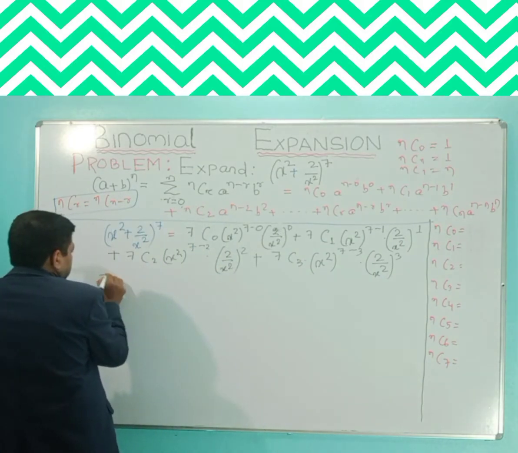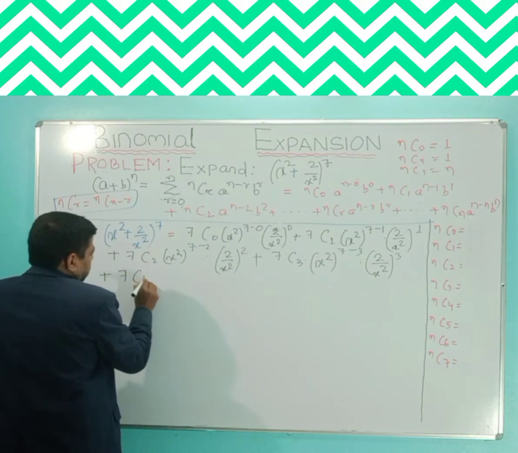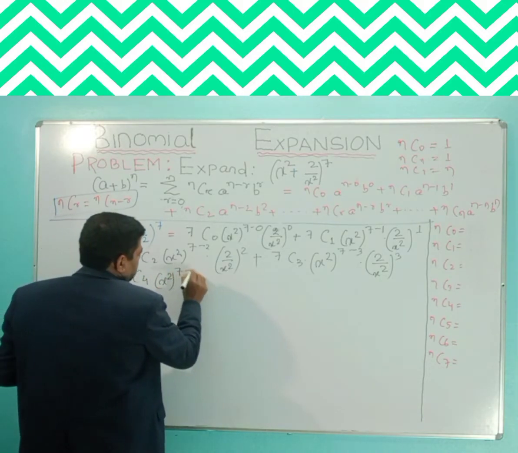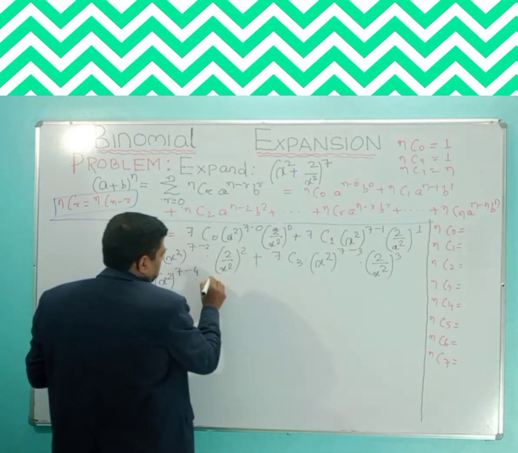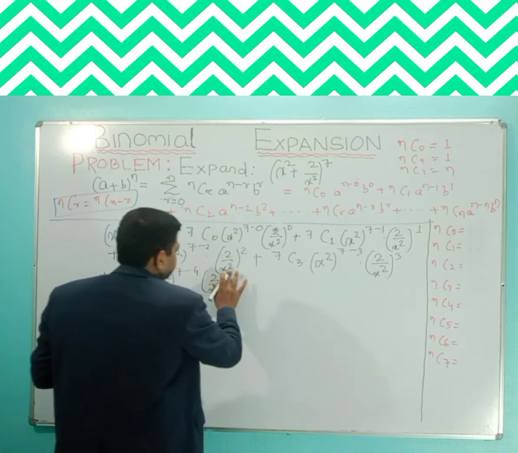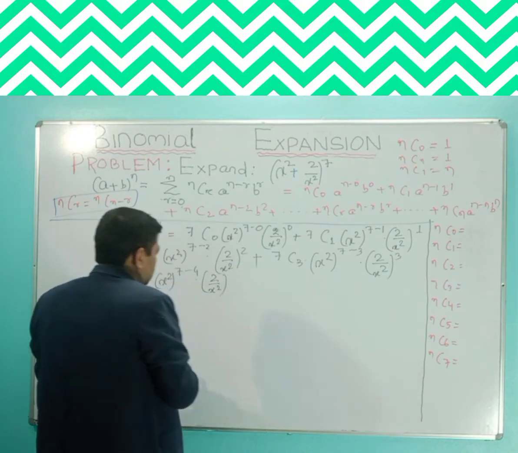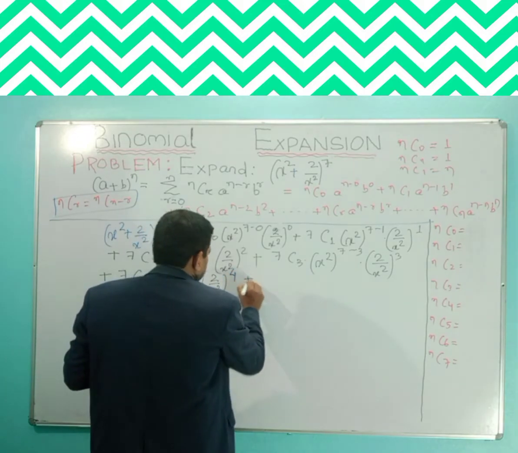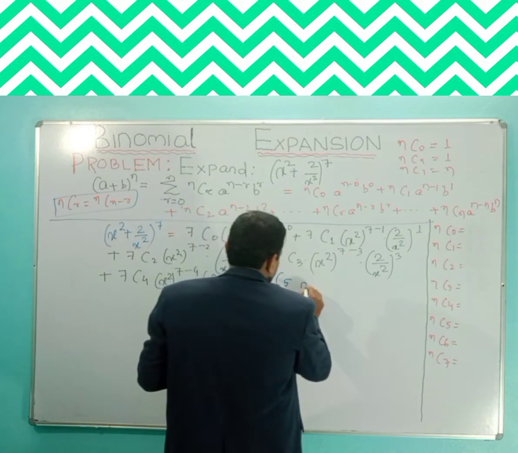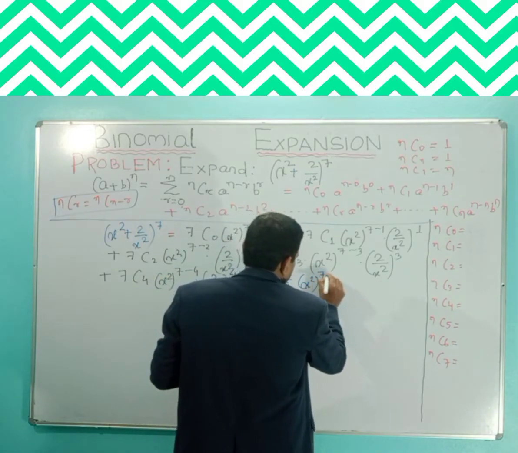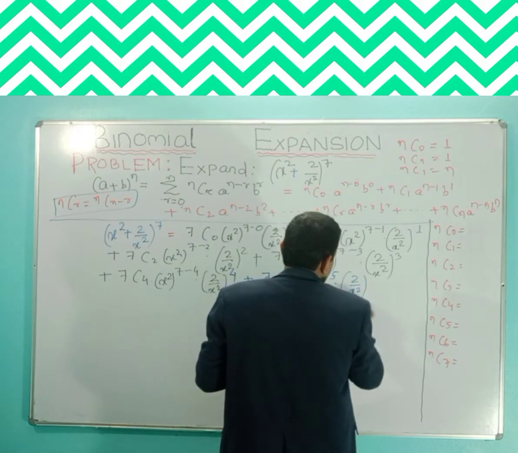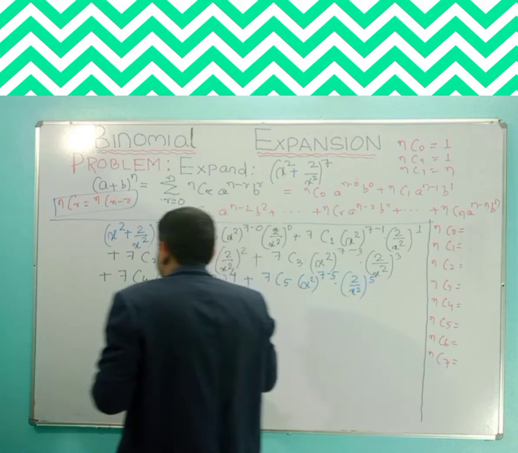And plus 7C4 into a to the power 7 minus 4 into b to the power 4, where b means 2 upon x square, whole to the power 4. Understand? Plus again 7C5 (x square) whole to the power 7 minus 5 into (2 upon x square) whole to the power 5, yes.